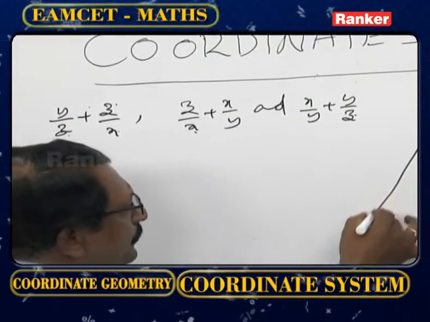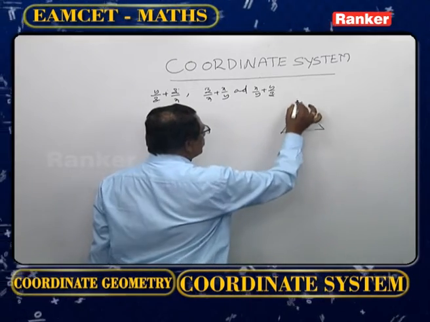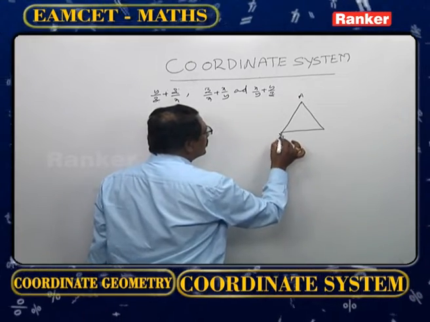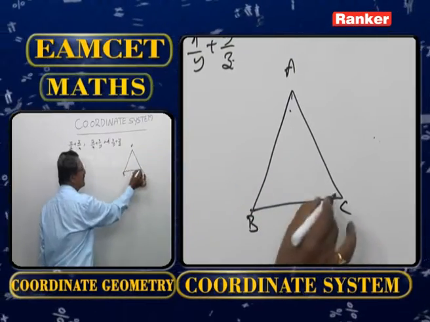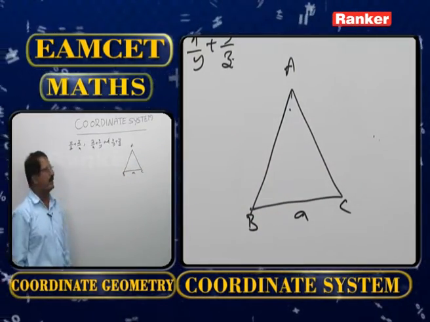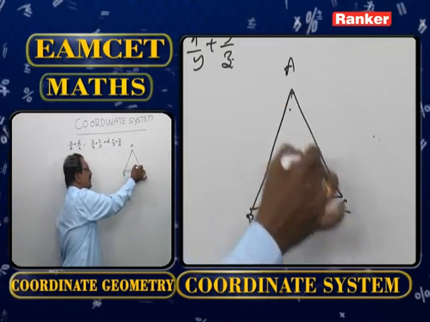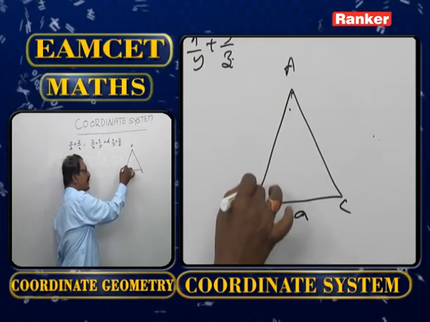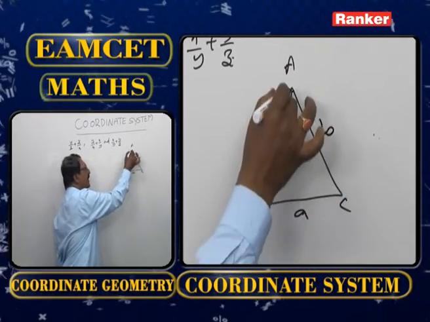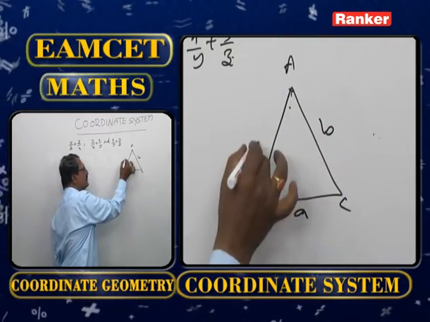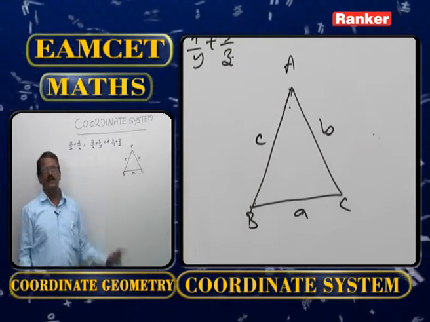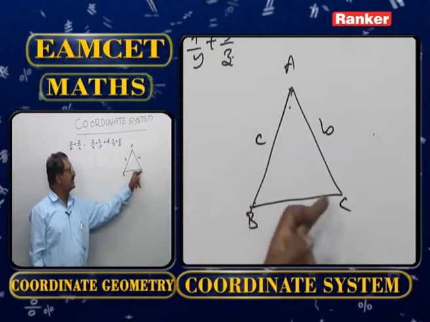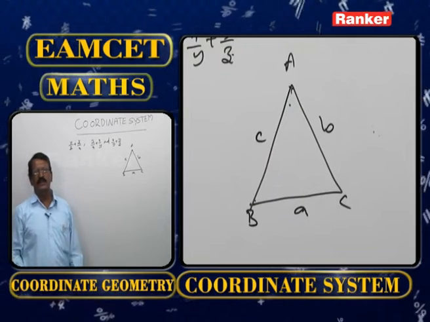Suppose triangle ABC: the length of the side opposite to angle A, that is side BC, equals small a; the length of side AC, opposite to angle B, is small b; and the length of side AB equals small c. Now small a, b, c are the lengths of the sides BC, CA and AB of the triangle.